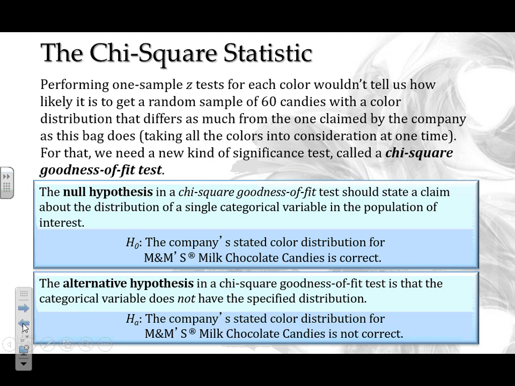Now, here's the other main difference between these types of tests and our previous tests. When we had our alternative hypothesis before, we had the option of less than, greater than, or not equal to, right?